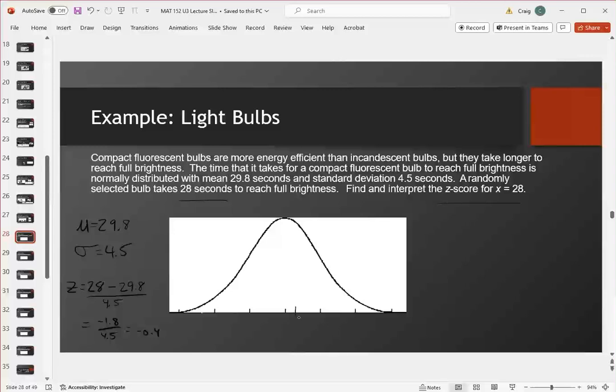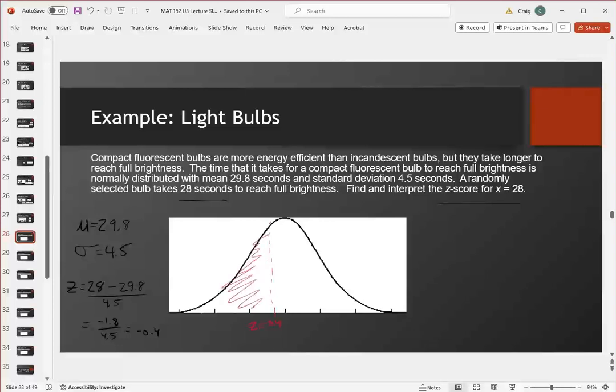So negative 0.4 is going to be about right here. Might use this red color, it looks a little better. And so that's going to give us that position there.